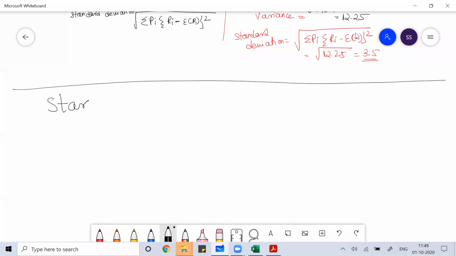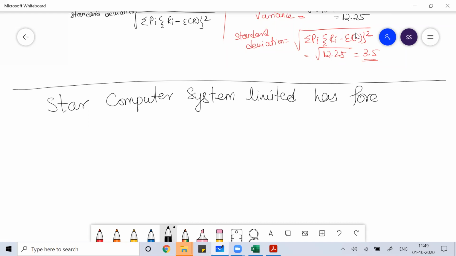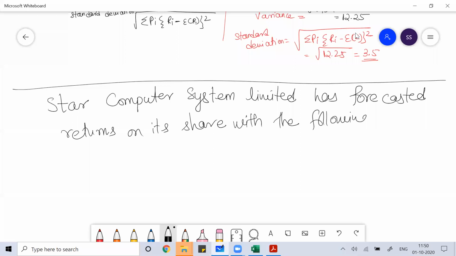There is a question called Star Computer System Limited.